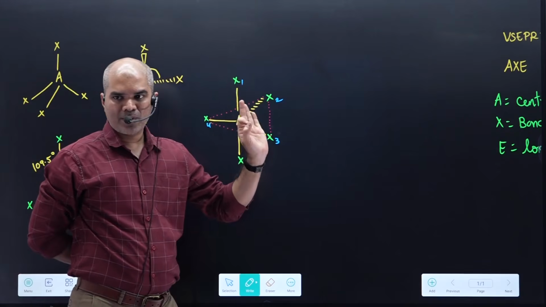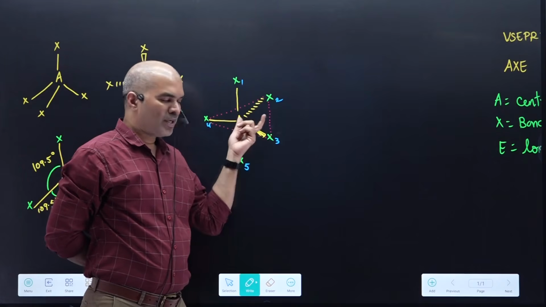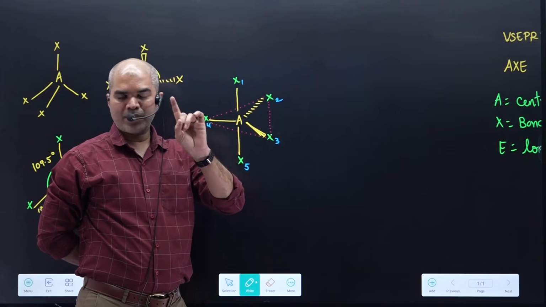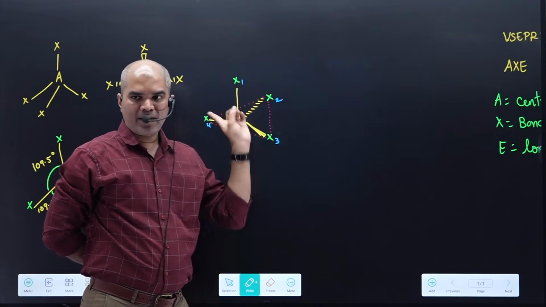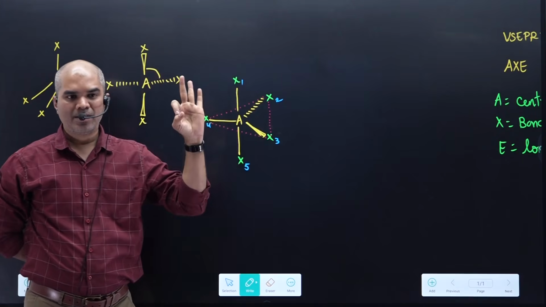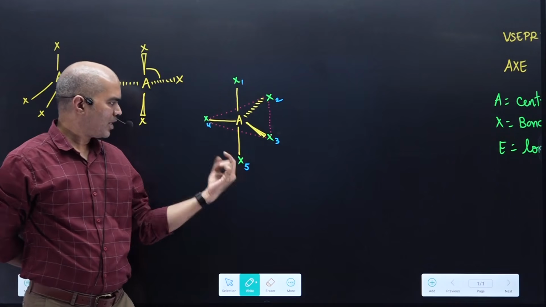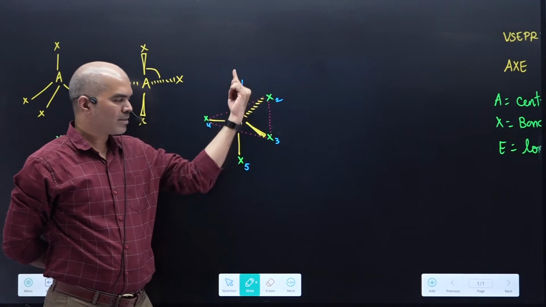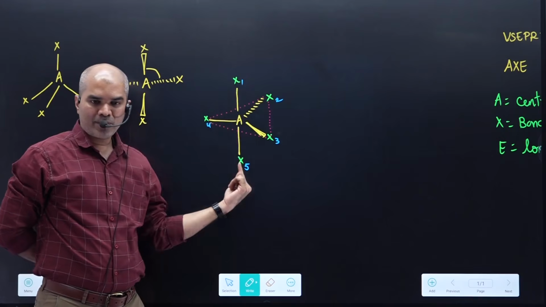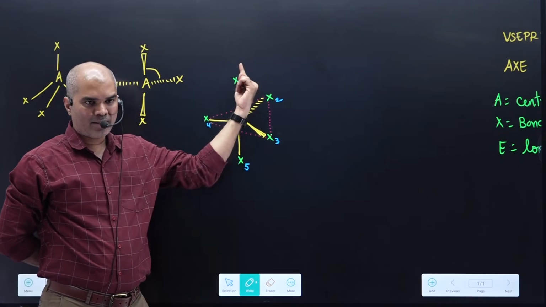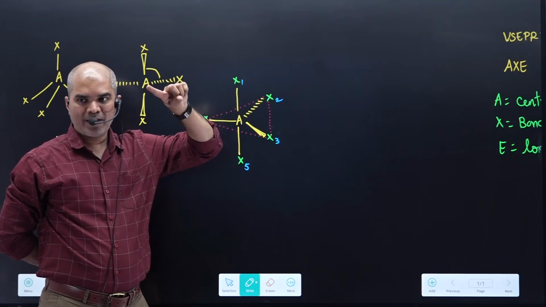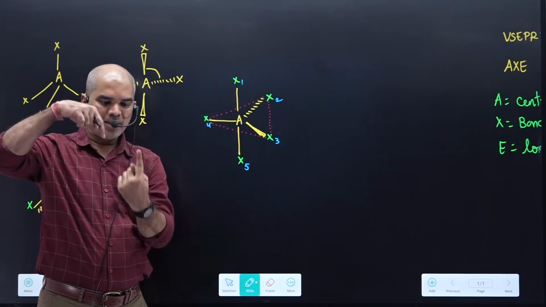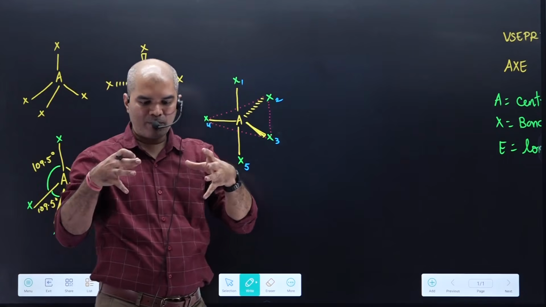What does the IUPAC rule say? Whatever geometry has been given to you, first of all identify the highest fold rotational axis. In TBP, the highest fold rotational axis is C3. C3 rotational axis passes through these ligands. With respect to that axis, whichever atom is towards inside, start numbering from that atom. Imagine a TBP before you.